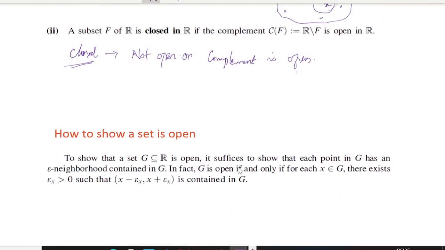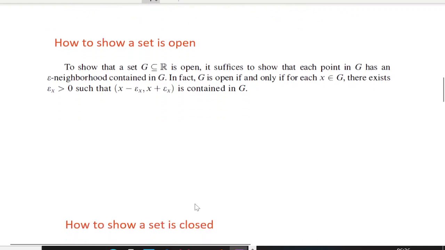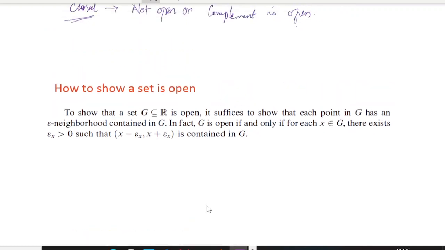To show that a set G is open, it suffices to show that each point in G has an epsilon neighborhood contained in G. In fact, G is open if and only if for each x belongs to G, there exists epsilon x greater than 0 such that (x minus epsilon x, x plus epsilon x) is contained in G. It's a very simple one.